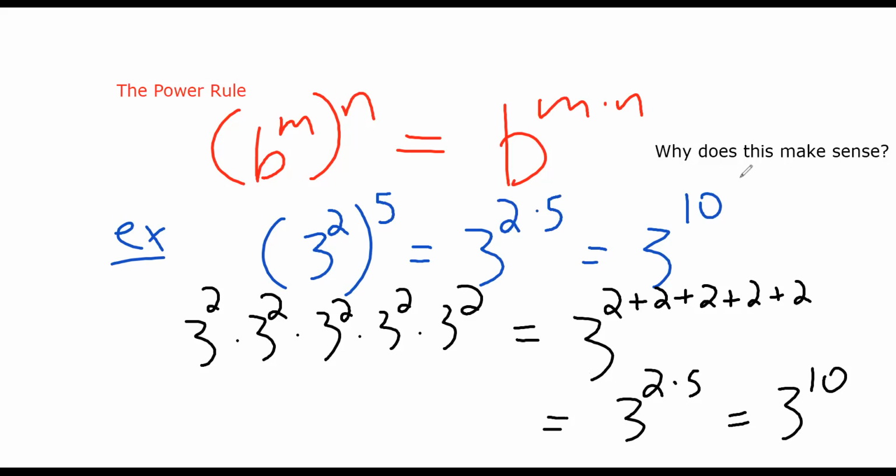The power rule. So we have a rule for when you multiply exponential quantities that have the same base. We have this power rule. Now we can talk about when you do division. And we could talk about the quotient rule.